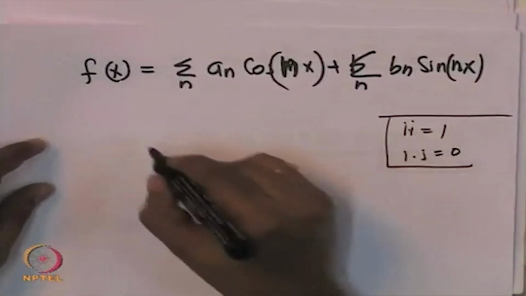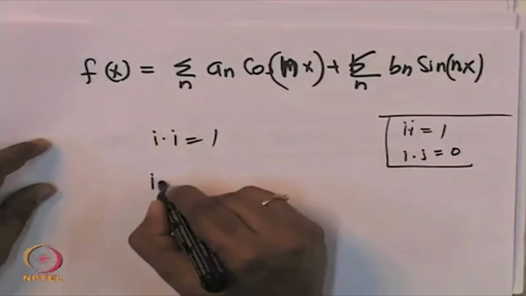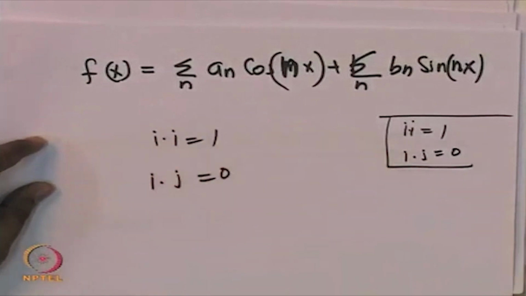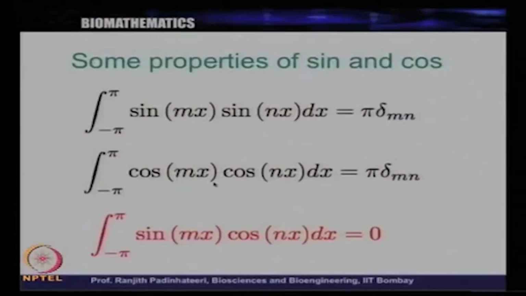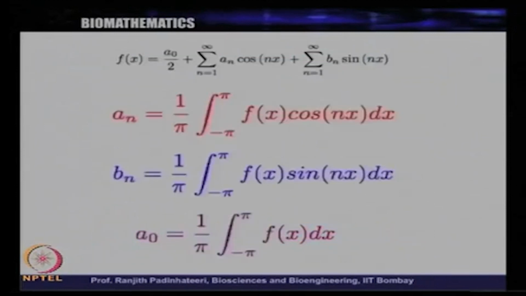Just like we used i dot i equal to 1 and i dot j equal to 0, we use these two properties: when cos and cos are the same, that is, m and n are the same, it is 1, otherwise if sin and cos, it is 0. Such things are called orthogonal functions, but we will not go into the detail of this. If you use this property, essentially what you get is this result, that a_n is equal to this, b_n is equal to this, and a_0 is this.